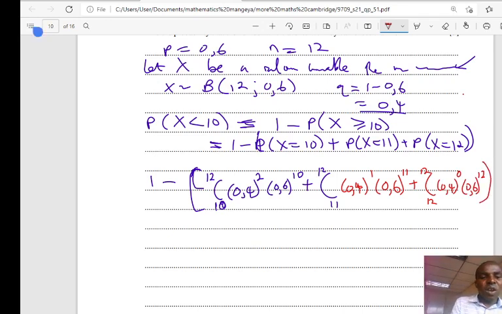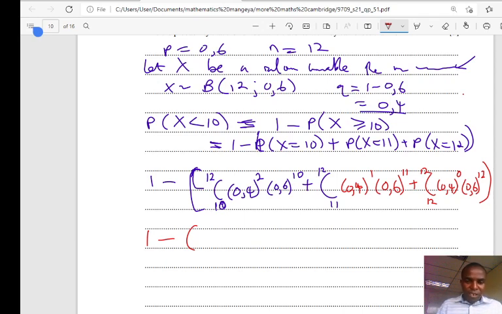We can say done. 1 minus, then you simplify inside here. 12 choose 10 times 0.4 squared times 0.6 to the power 10, plus 12 choose 11 times 0.4 to the power 1, which is 0.4, times 0.6 to the power 11.